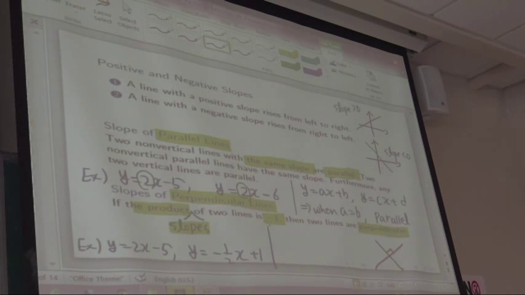In general, for y equals m1x plus b1 and y equals m2x plus b2, if m1 times m2 is equal to -1, then the two lines are perpendicular.